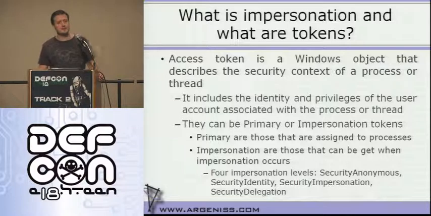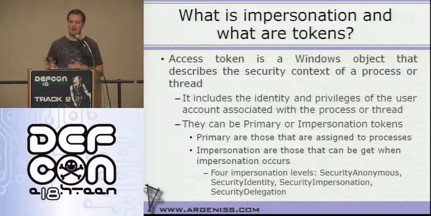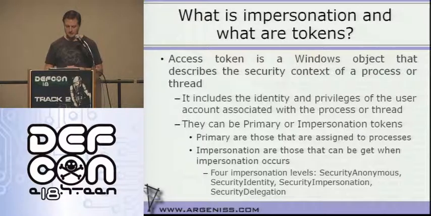The primary ones are those that are assigned to processes during process creation. The impersonation tokens are those that you get when a thread impersonates. There are different levels of impersonation: security anonymous, identification, impersonation, and delegation. We will focus on the impersonation level, which is when a thread can act like it's another user.